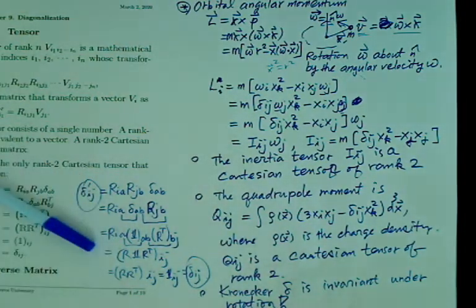An object that has the lever arm x with respect to the origin and the rotational axis n hat is rotating. We consider the case it rotates about n hat with the angular velocity omega. So n hat omega will be the vector omega.